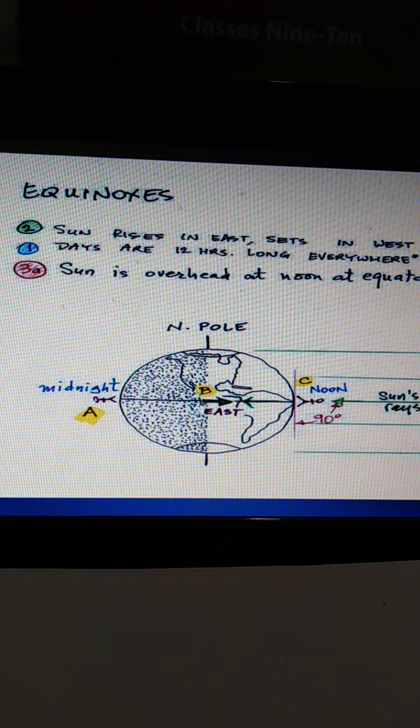In this way, on 23rd September, both north and south poles keep equal distance from the Sun.